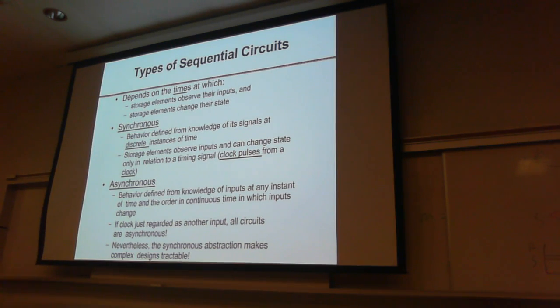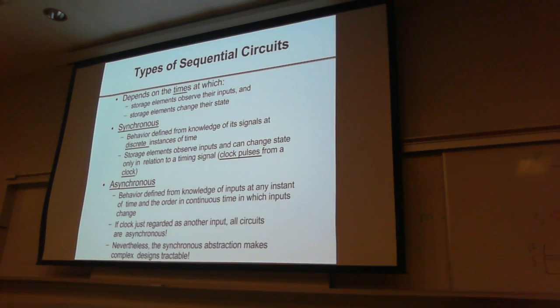Okay, T sub 0, T sub 1, T sub 2, T sub 3, at those discrete intervals, those circuits have specific behaviors that have been defined. Those are said to be synchronous. Storage elements occur at those time intervals, and only at those time intervals. Those synchronous events are managed by the system clock. So the system clock tells us it's at T sub 0, T sub 1, T sub 2, and so on.